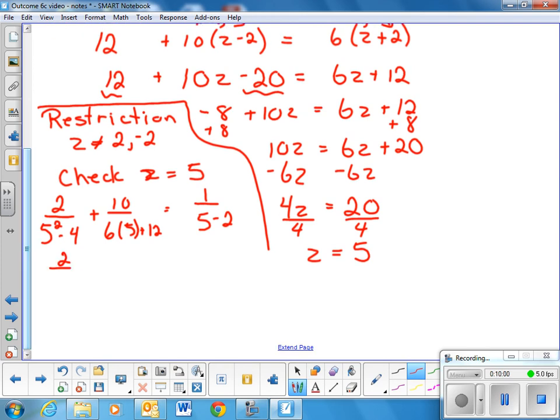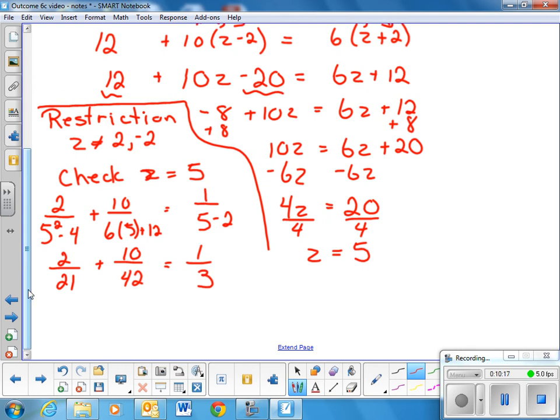So we have 2 over 25 take away 4 is 21, plus 10 over 6 times 5 is 30, plus 2 is 42, equals 1 over 5 take away 2 is 3.